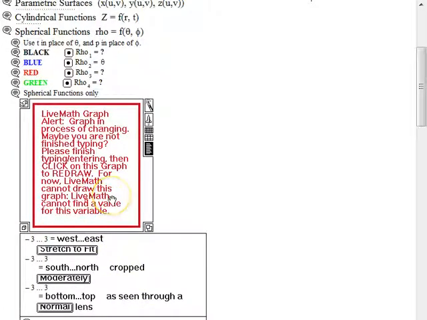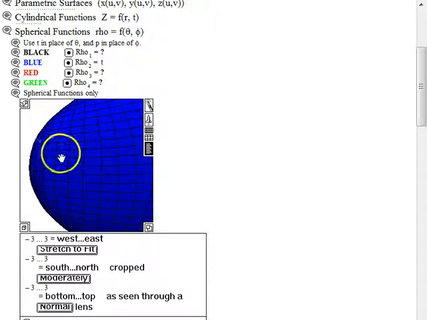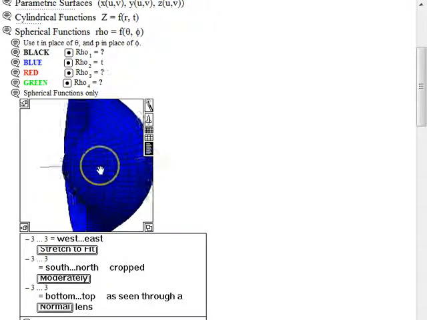Apparently, use t in place of theta. Okay, sorry. And p in place of phi. Okay, so t in place of theta. All right, there we go. What the heck is this?